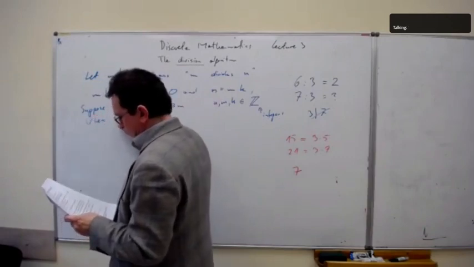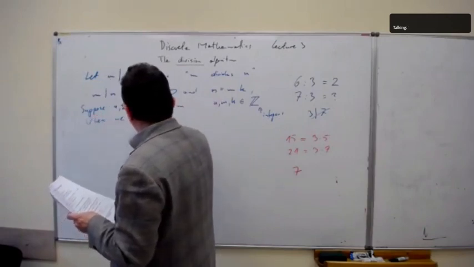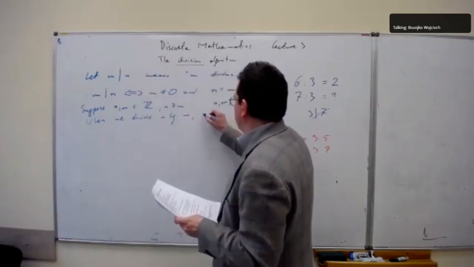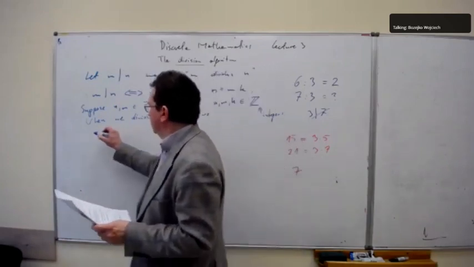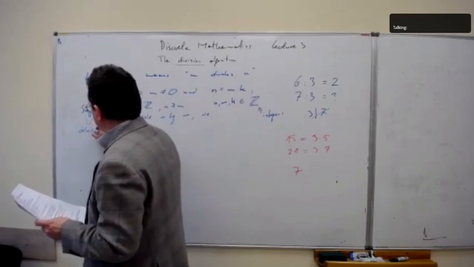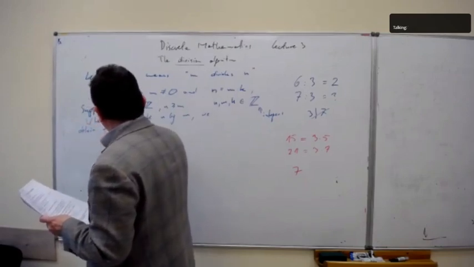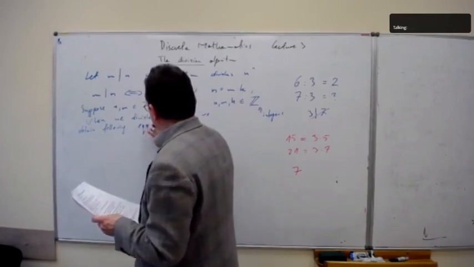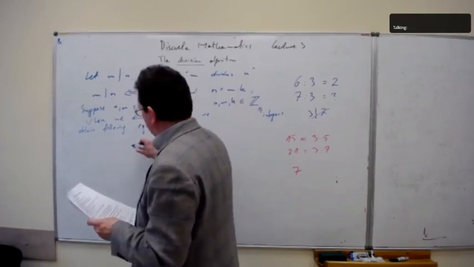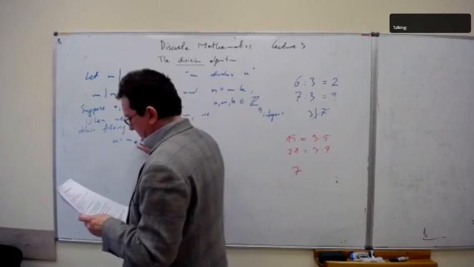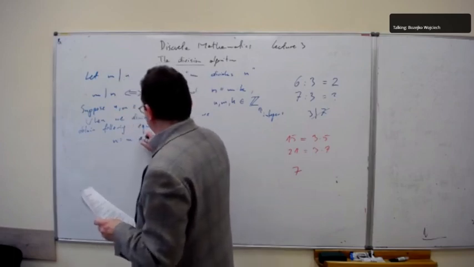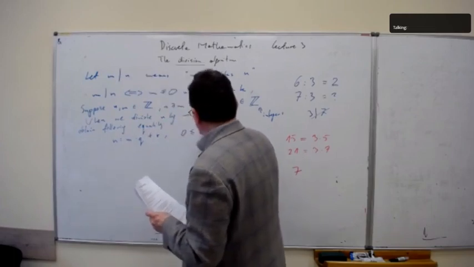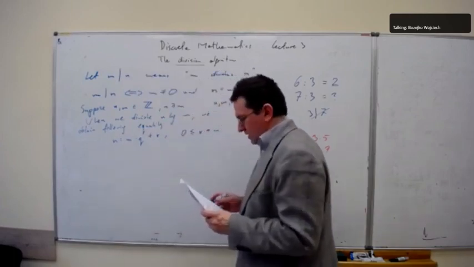When we divide n by m, we obtain the following equality: n equals m times something, let it be q, plus r, where r is between 0 and m.